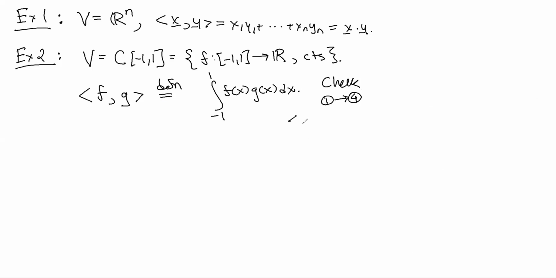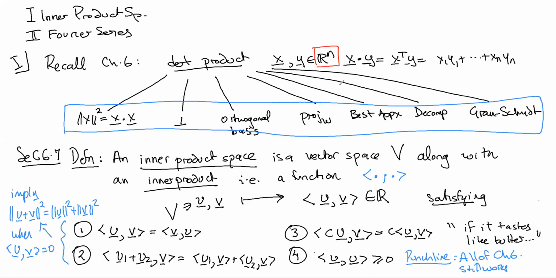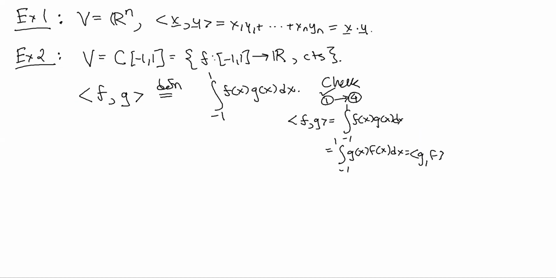One is that the inner product of f and g is the integral of f(x) g(x) dx, which is the integral of g(x) f(x) dx, which is the inner product of g and f. Yes, we're not using complex numbers. Forget about complex numbers. So one checks out, and similarly you can check all the other ones. They just follow from properties of integrals. So this means this is an inner product space.